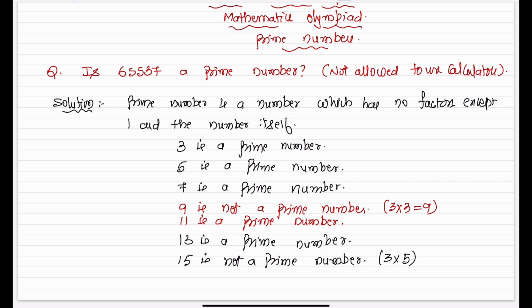Then, how to find out which number is a prime number and which number is not a prime number? Especially in case of numbers like 65537. Prime numbers do not follow a particular pattern like arithmetical progression or geometrical progression, and at higher numbers, few quadratic equations are there.